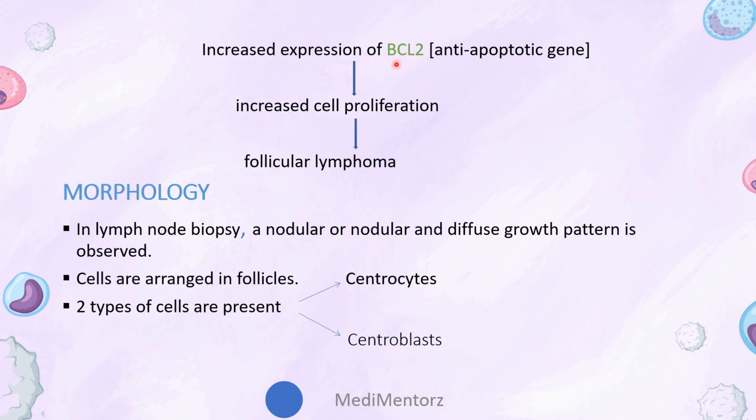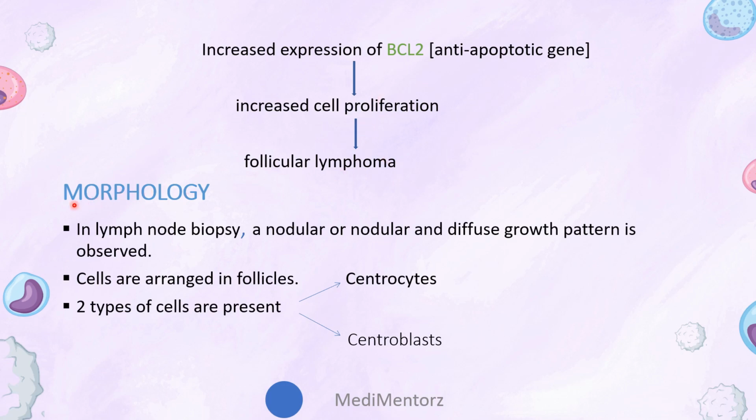As we all know from general pathology, BCL2 is an anti-apoptotic gene. So when BCL2 is expressed, from the name itself, we can make sure the cell is going to proliferate. From that, we are getting follicular lymphoma.